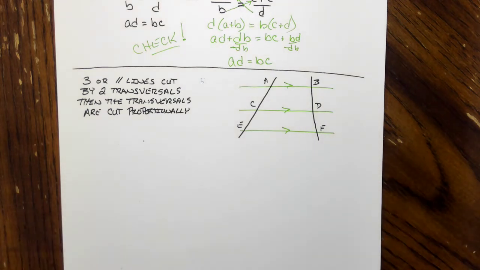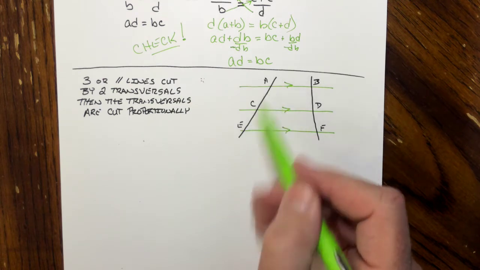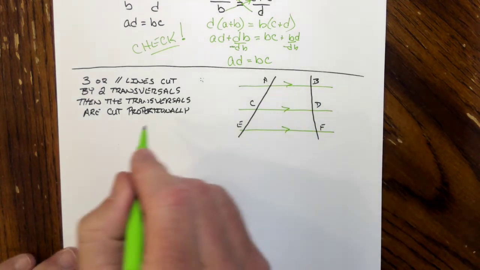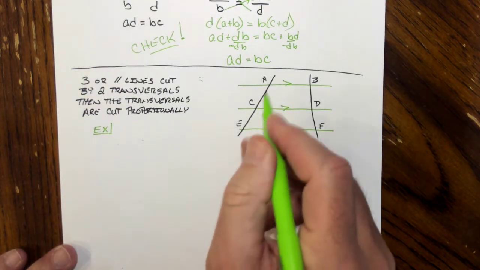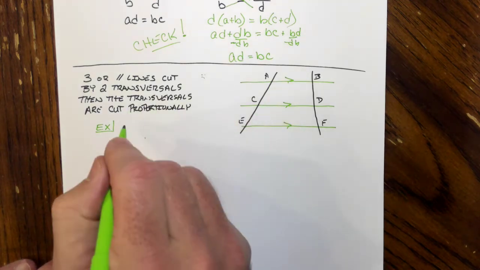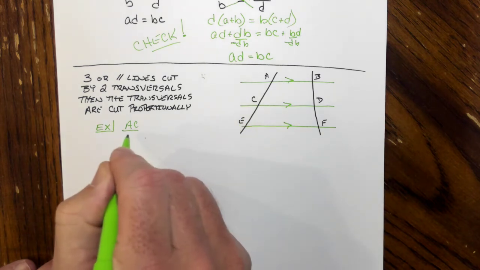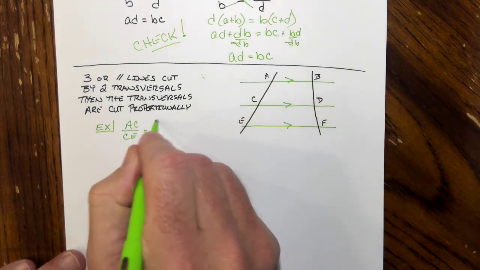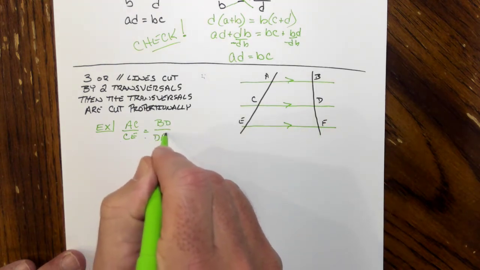Okay, so what we're saying here is no guarantees that they're equal, but we're saying this and this are being cut proportionally. So a couple things we could set up. Again, the transversals are being cut proportionally. So we can say AC compared to CE equals BD compared to DF.